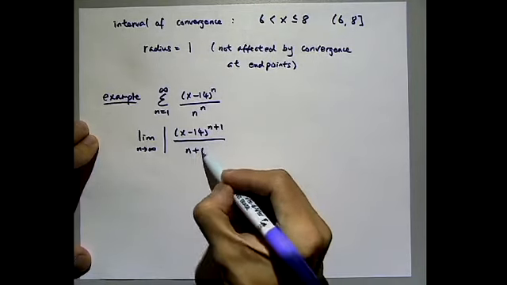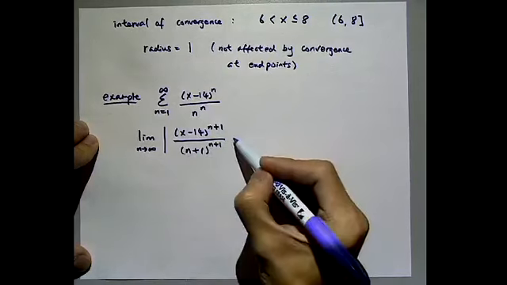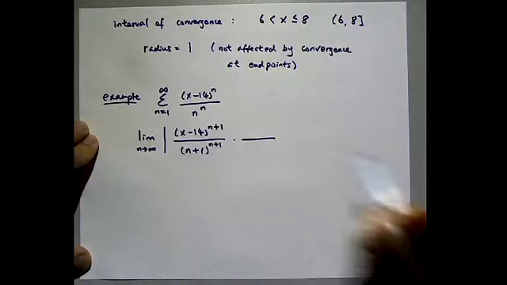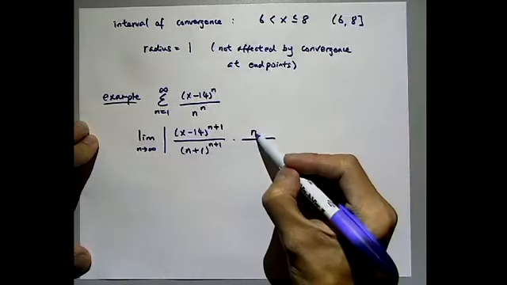It's n plus 1 to the power of n plus 1, right? And then we divide by that, so multiplying by the reciprocal of that.